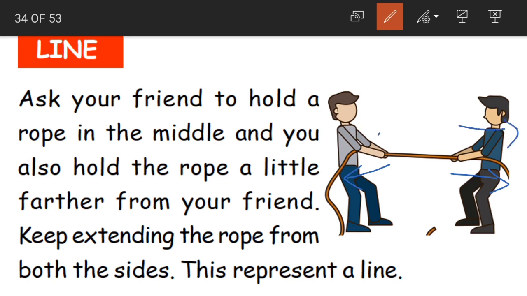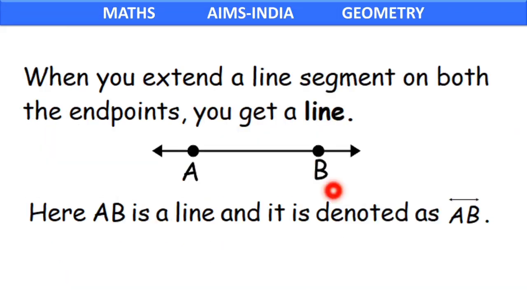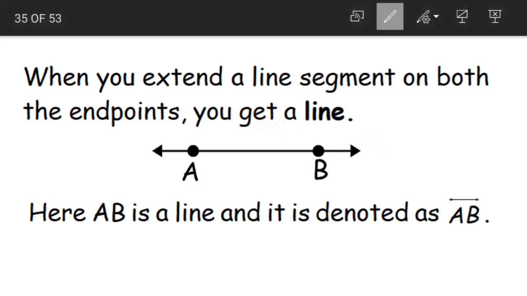Even my friend can move backwards, and even I can extend my length of the rope. So such objects or items are called a line. Now this rope here represents a line. Why does it represent a line? Because we can extend it from both sides. When you extend a line segment on both the end points, you get a line, children.